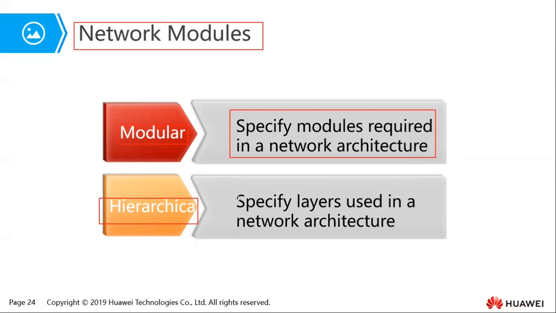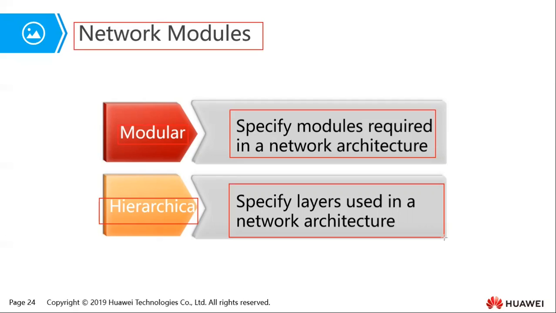Now, when it comes to hierarchy or hierarchical design, we are specifying layers that are used in the network architecture. So we are going to see two major hierarchical designs that are used. Traditionally, we use the 3-layer network structure.